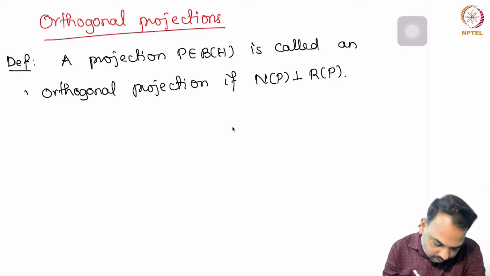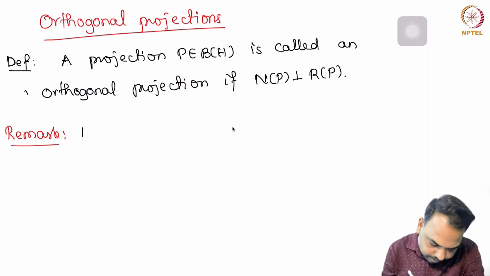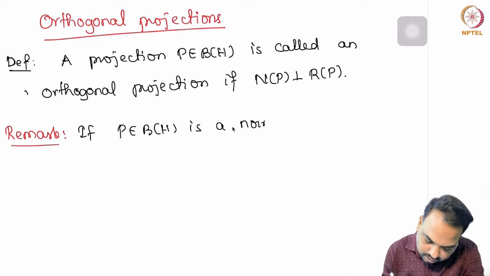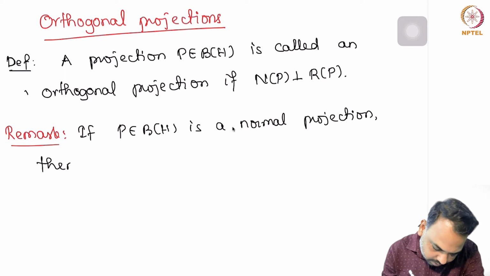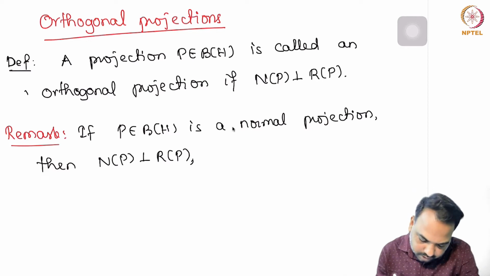So let me make a remark. If P is a normal projection, then null space of P is orthogonal to range of P. So that means we can say that P is orthogonal.